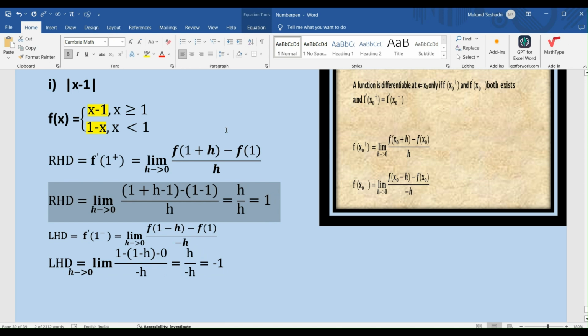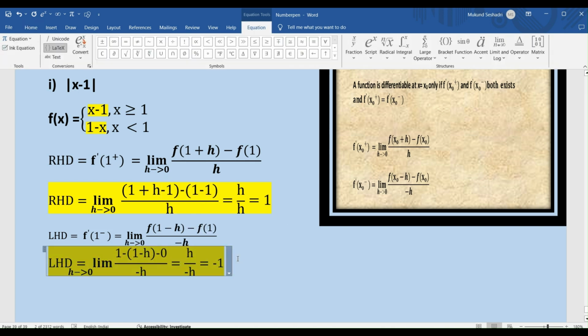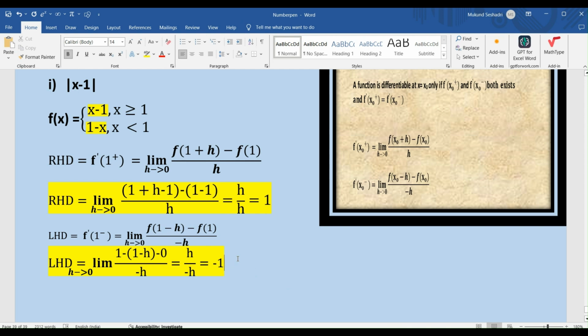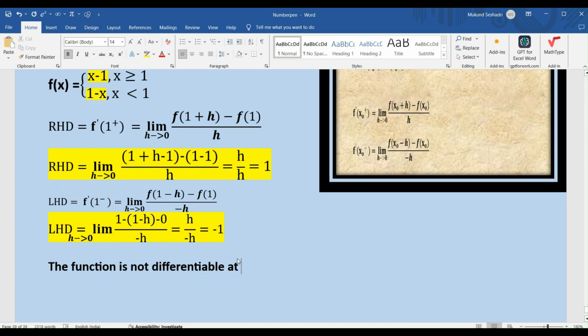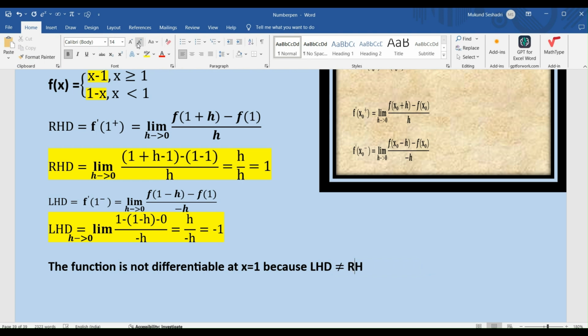So my RHD and LHD are not equal, right? So I can straight away confirm that though my RHD and LHD exist, the function is not differentiable at x equals 1, because my LHD is not equal to my RHD, right?